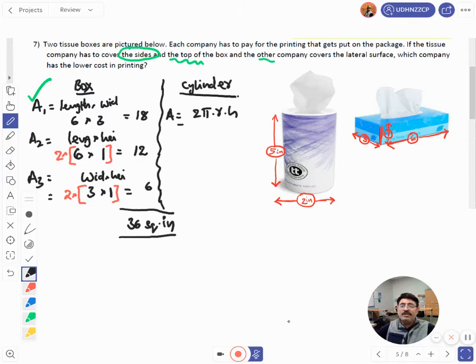Therefore, it is 2 times pi times radius. This is the tricky part. This is not the radius, this is the diameter. Again, I'm repeating, this is the diameter, not the radius. Radius is half of the diameter. Half of 2 gives me 1.